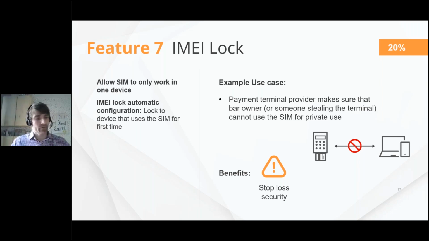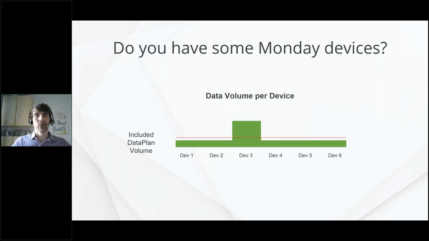Then there's another feature which I didn't want to talk a lot about commercials, but I thought this is maybe something to share that you should be aware of. We see regularly from our customers that have several devices that the main part of the devices have roughly the same data consumption.